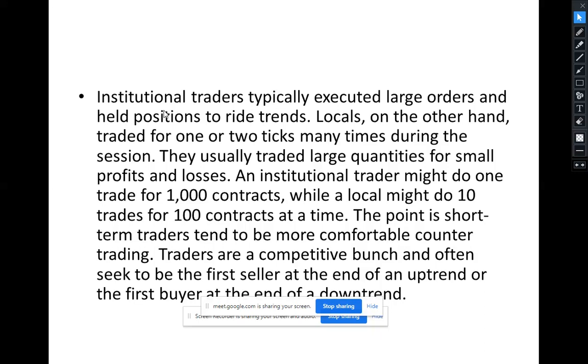It's in a downtrend starting from Monday, I think it was last week, after the market made some correction on Monday and still went down. So it's a downtrend, which means the institutional traders have already executed a large order and held positions to ride the trend.